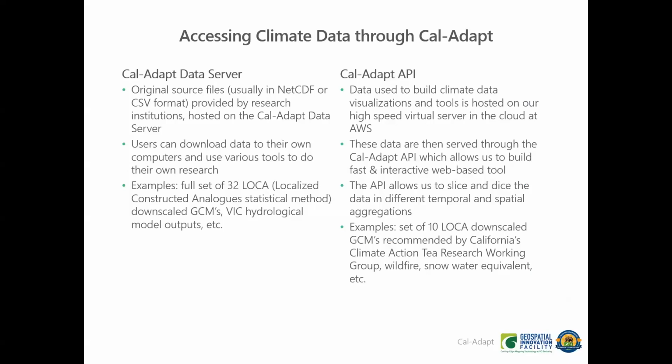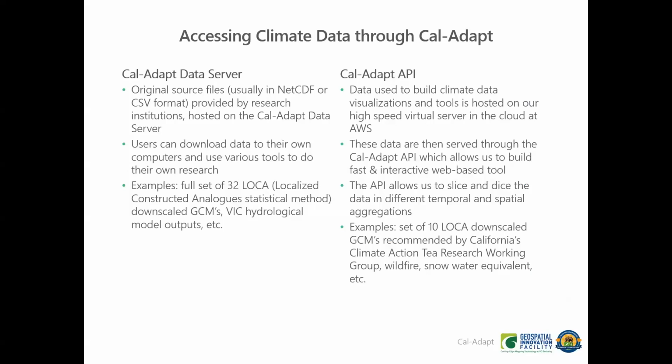So within the virtual server, and within the API itself, we are serving up a subset of the climate data. So, for example, with LOCA, which I'll just talk about in a minute a little bit more, we are serving up the 10 models that have been recommended by California's Climate Action Team Research Working Group.